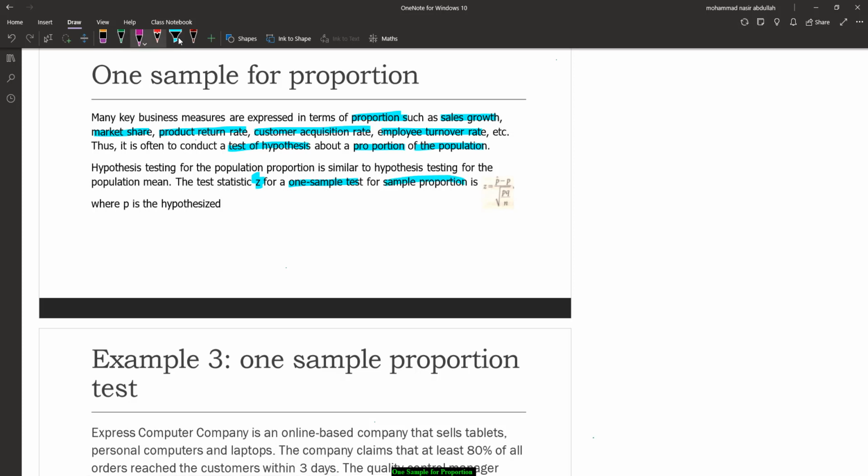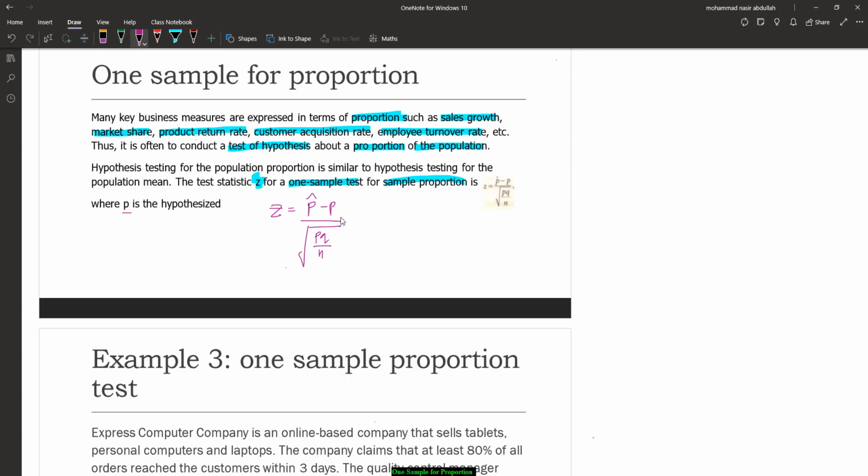The formula is Z equal to P hat minus P, divided by square root of PQ divided by N. This is the Z value or test statistic that we're going to use for one sample test for proportion, where P is the hypothesized proportion and P hat is the calculated proportion.